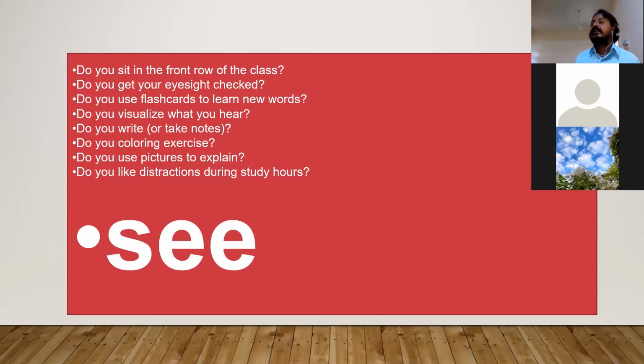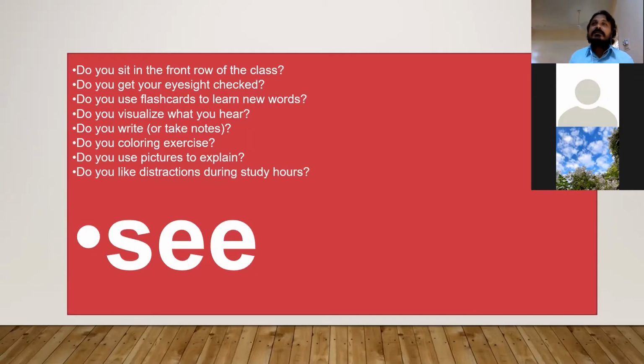He will look outside the window, and then his imagination will start. Or it may happen that while the teacher is teaching, he may be looking outside, but he is hearing what the teacher is trying to convey, and he is trying to imagine what the words are.